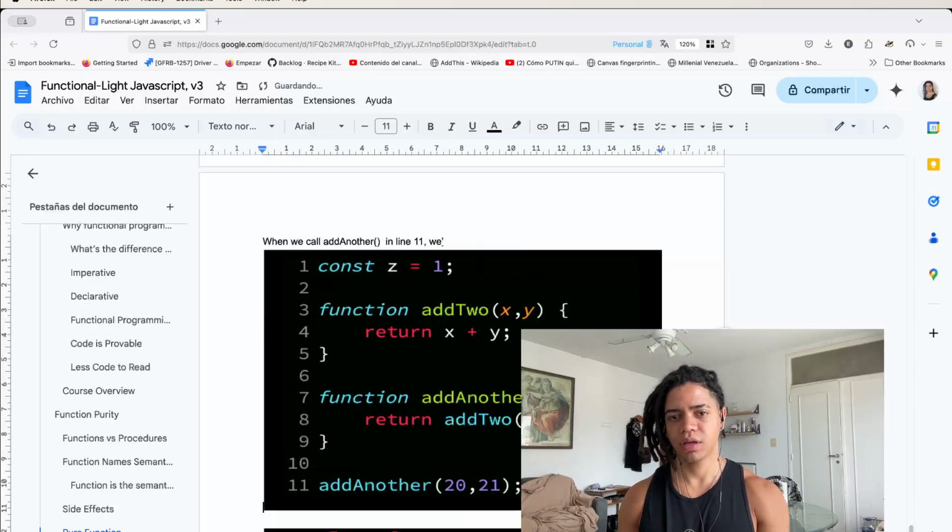So we are not redefining the const or var C.